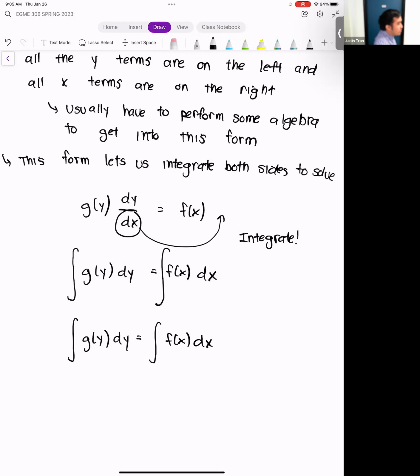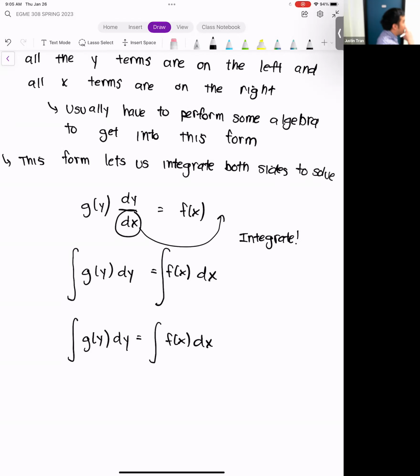But remember, these integrals that we're performing here are indefinite integrals, right? The reason they're indefinite is because we don't have any bounds. So in other words, we're not really performing an integral. We can say that we're performing an antiderivative of these.